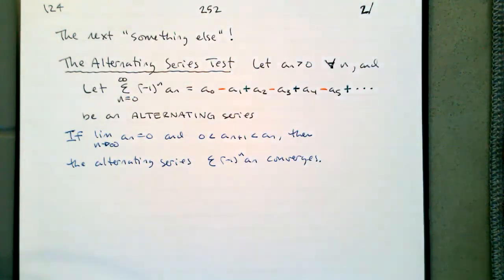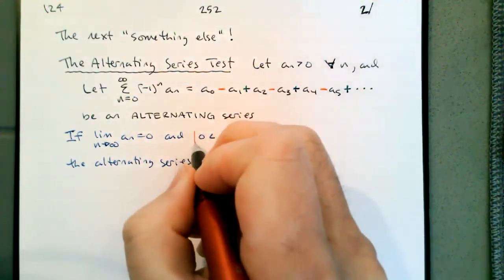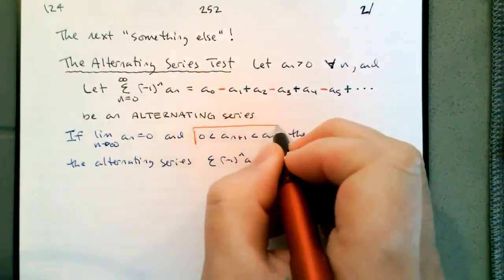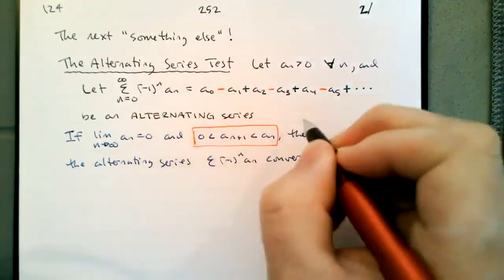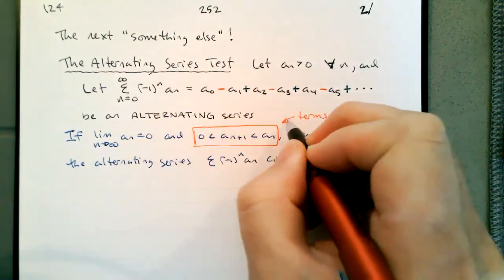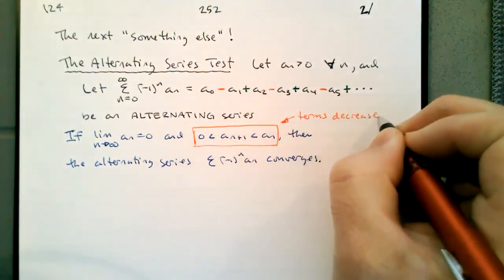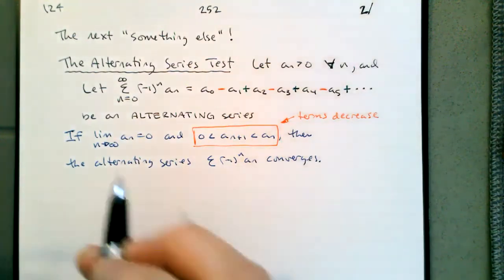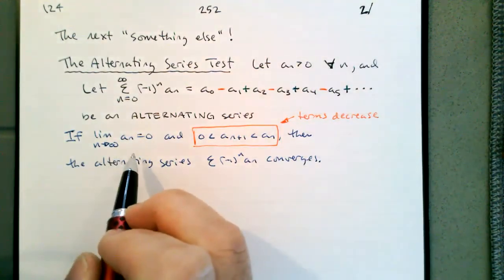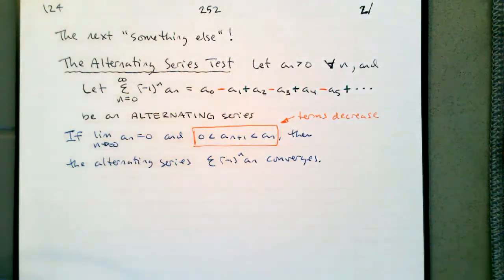So this, a_(n+1) less than a_n, is stating that the terms decrease. The limit as n goes to infinity of a_n equals 0. This is a necessary condition, so the terms decrease to 0.